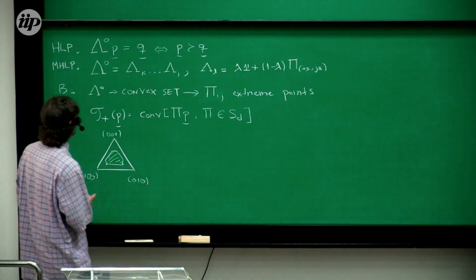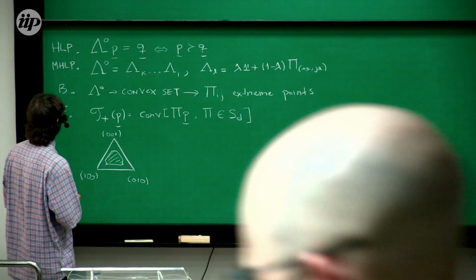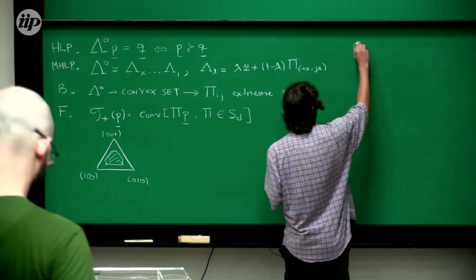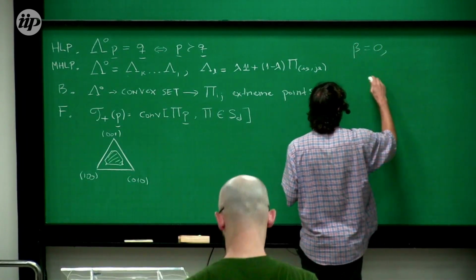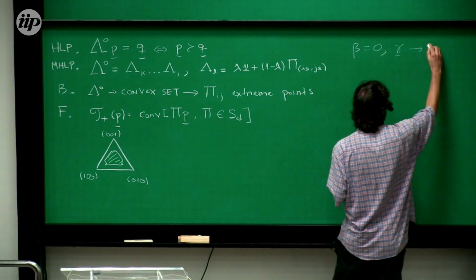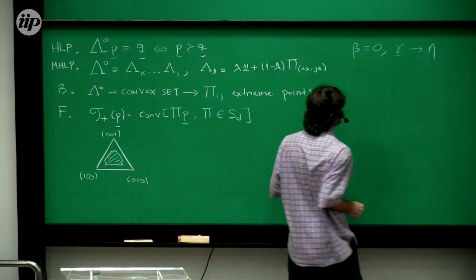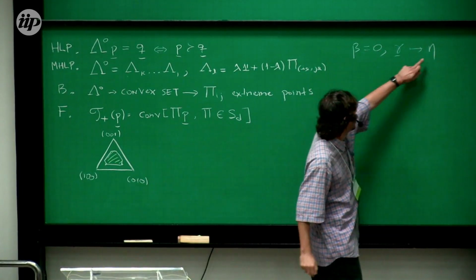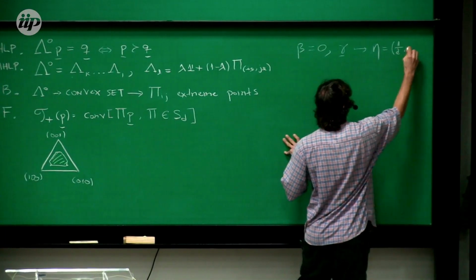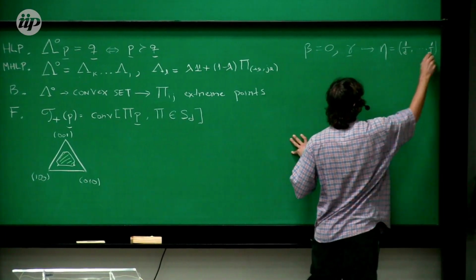So the first thing that we saw was that when beta equals 0, the thermal distribution becomes the uniform distribution that I'm denoting by eta. So this is just a maximally mixed state. If the system has dimension d, this would be 1 over d, 1 over d.